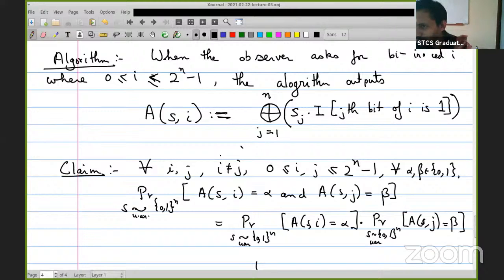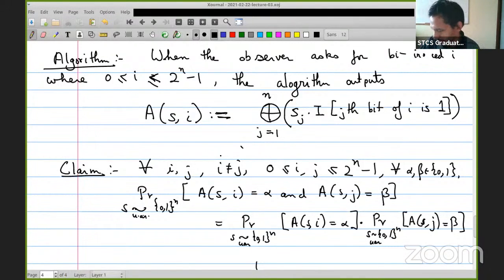So the only crucial point to notice is that when i and j are different, there will be at least one seed bit that appears in one and not the other. It cannot be the case that the set of bits you took the XOR of is the same for i and j, because i and j are different, so they have different binary representations. That's why we could only go up to 2^n. Beyond that, the bits after the nth position will not matter, so we start repeating.